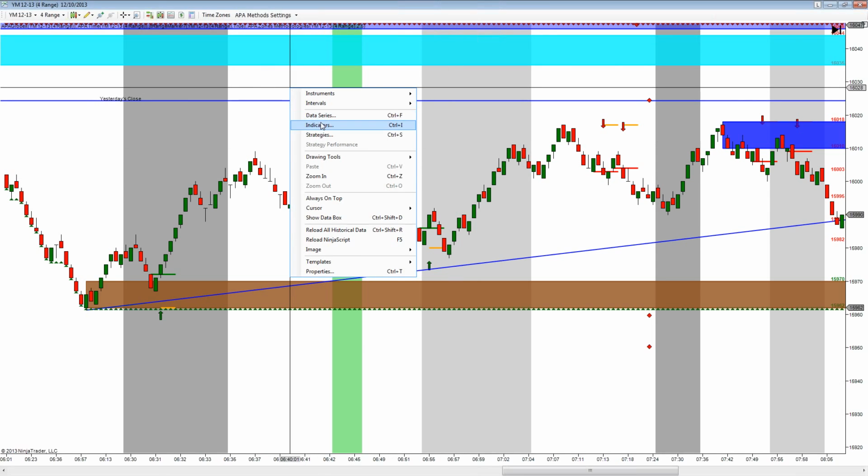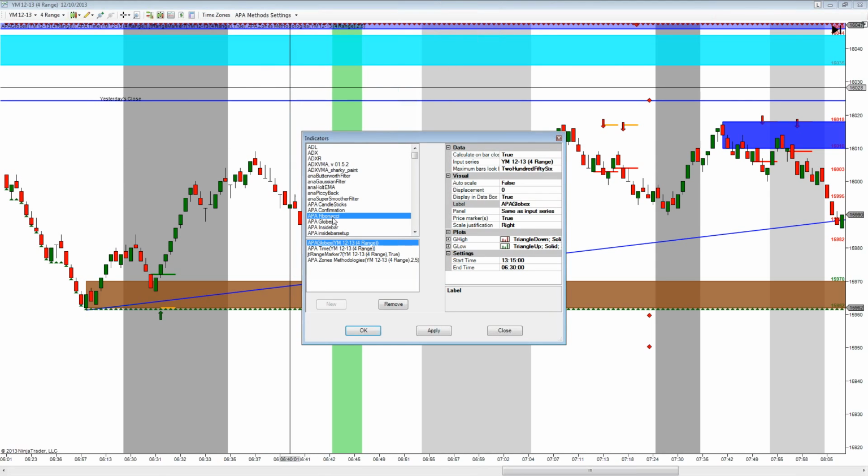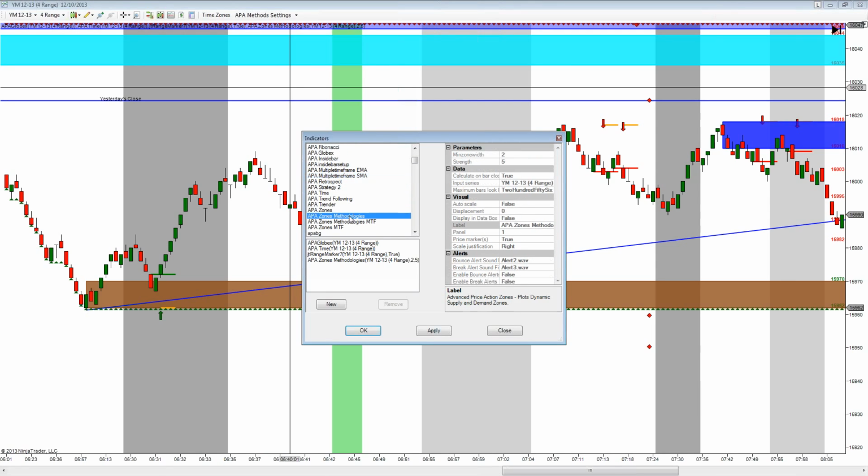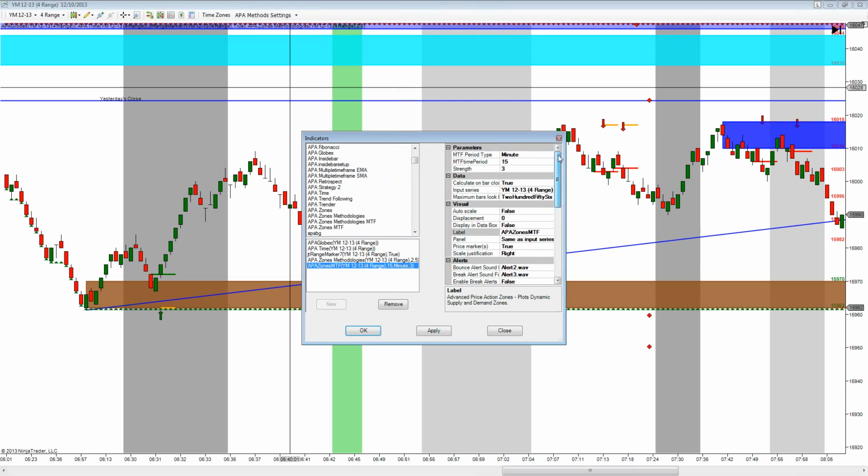Now, not only can we take this chart here, but we can also grab multiple time frames. I think we actually had a question here. Is the MTF overlay only time or any reference chart? Okay, that is a good question. You can actually take the APA, excuse me, not the APA methodologies, but the APA zones MTF, and we can bring in minute tick.